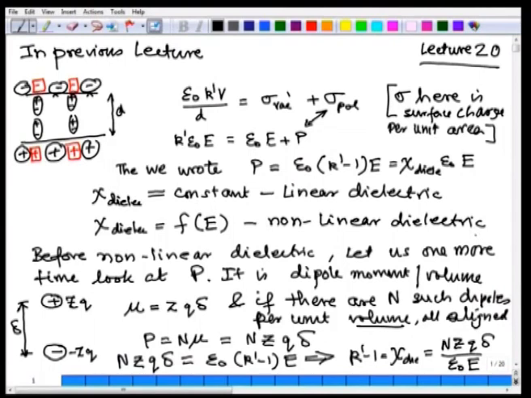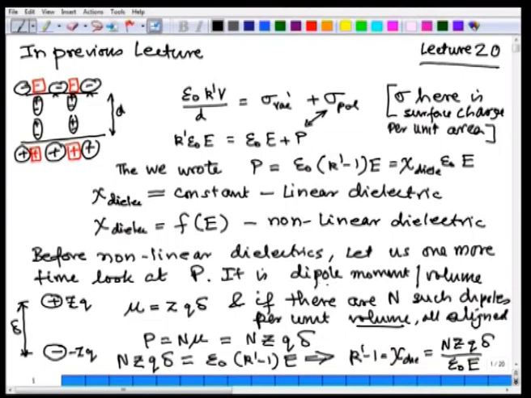However, before I start, I would like to do a little bit more continuing from the past. Before we discuss non-linear dielectrics, let us one more time look at this quantity, polarization. It can also be defined as dipole moment per unit volume, with the dipole moment mu which I defined last time.